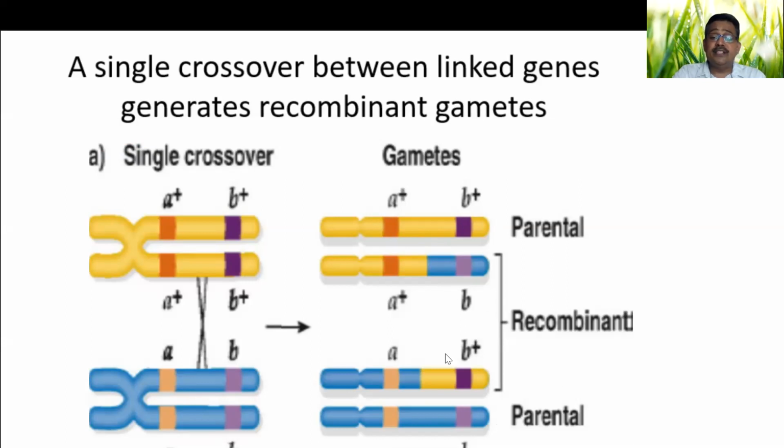So the recombination is happening here, maybe an exchange of this particular segment. This is also a recombinant chromosome, this is also recombinant. So whenever any cross happens between two parents, between father and mother, when you look at the progeny, 50% of the progeny will be recombinant type and 50% will be parental types.